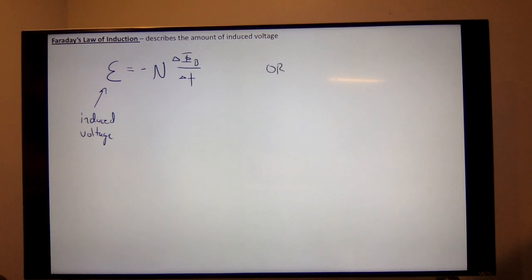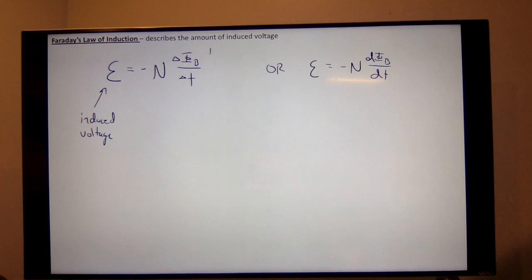Or, if we can't define the change in such a linear fashion, we could say this is equal to negative N and use the derivative. Same idea. But you could use the one on the right if you're given a function for how the flux is changing instead of knowing some discrete values for how much it's changing.